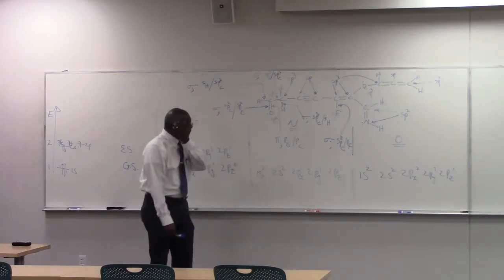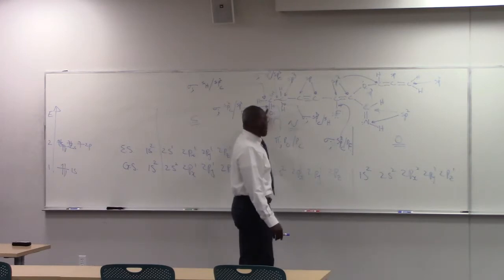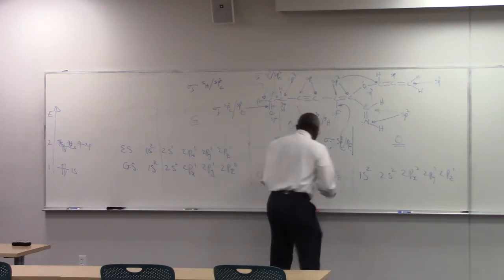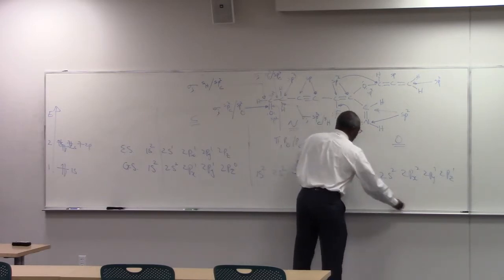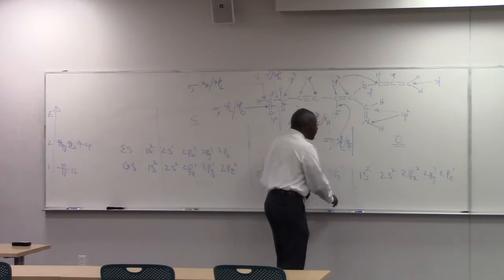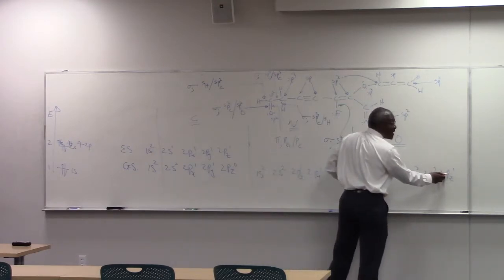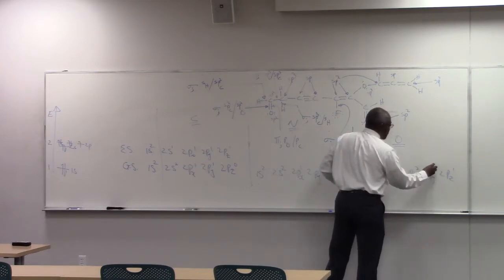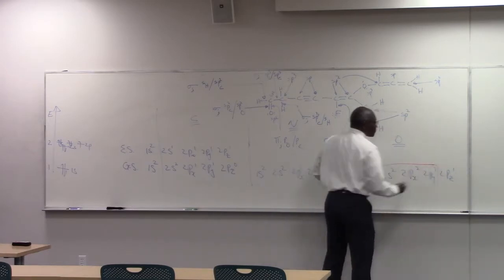Well, let's see. Remember we said with the O, this carbon was sp2 hybridized, right? So what does that mean? I'm going to ignore the 1s because that's not involved in hybridization. If I'm sp2 hybridized, I'm going to leave the pz alone for p orbital formation, for pi bond formation, and I'll hybridize these.